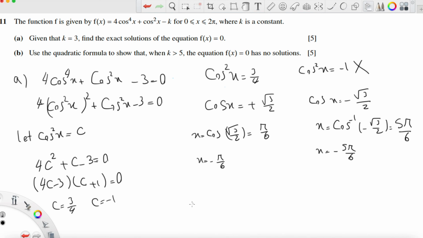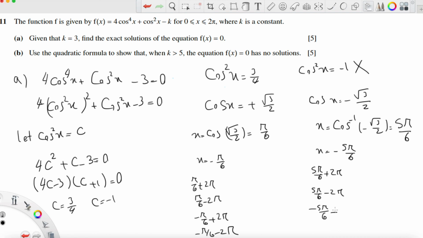Then to find the other answers, for pi over 6: plus 2 pi, minus 2 pi; for negative pi over 6: plus 2 pi, minus 2 pi. We do the same for 5 pi over 6 and negative 5 pi over 6: plus 2 pi and minus 2 pi.